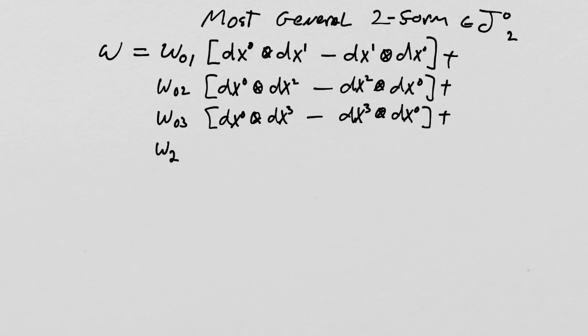Omega 1,2, right? We're not doing omega 1,0 because omega 1,0 is already accounted for here.